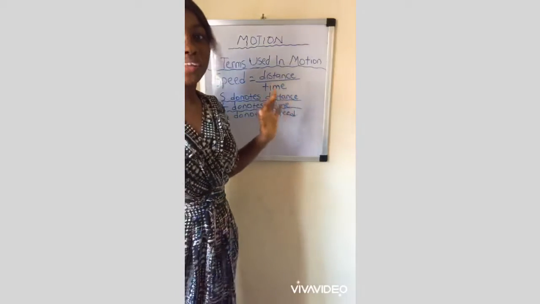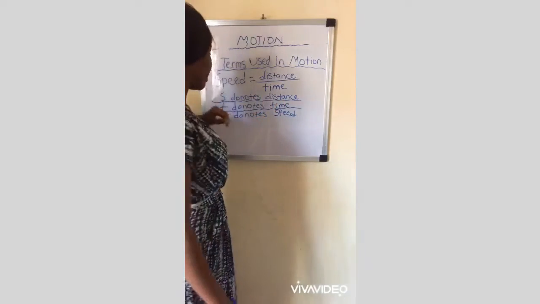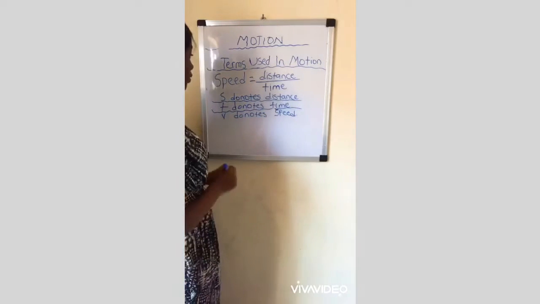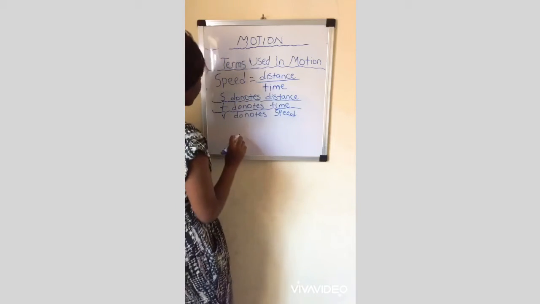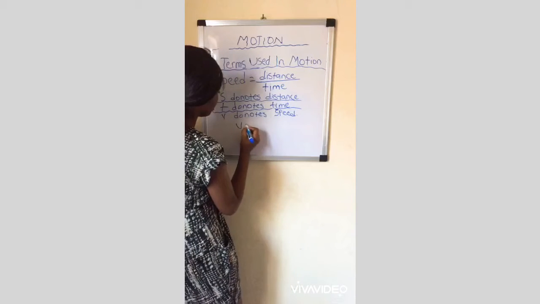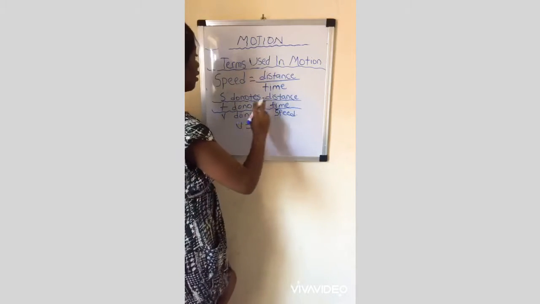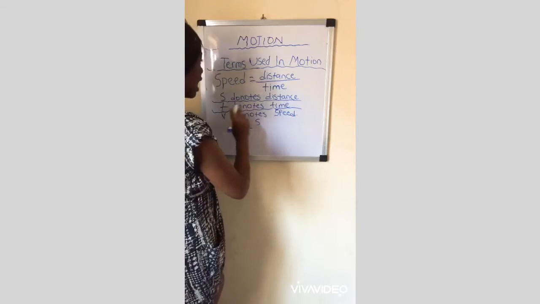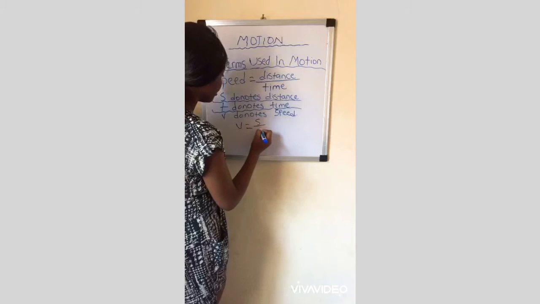Now we are going to impute the letters, that is, letters that denote distance, time, and speed. So v denotes speed, so v equals s over t, where s denotes distance and t denotes time.